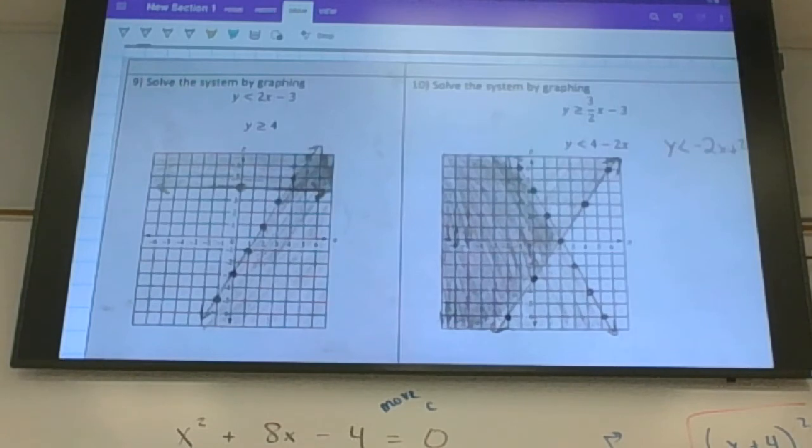You shaded this in. You did this line completely right.